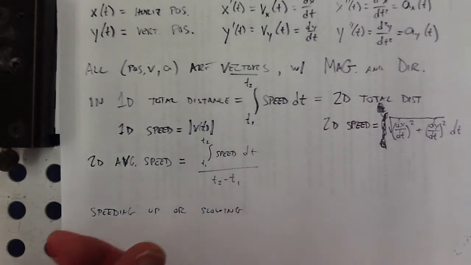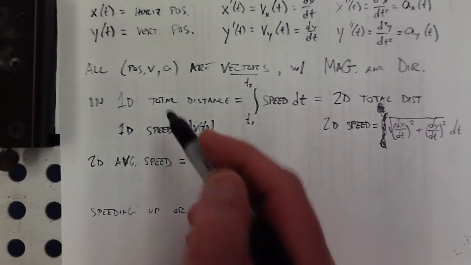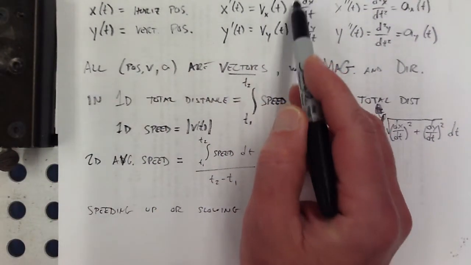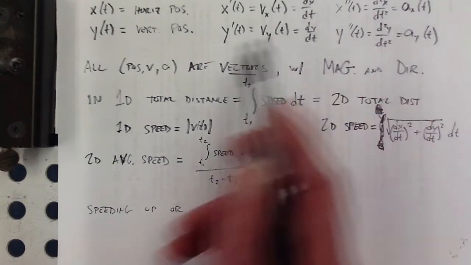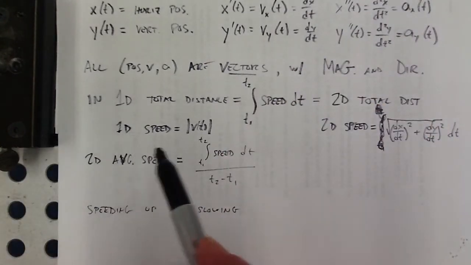That doesn't work in two dimensions, because what if in one dimension you have positive for your velocity and acceleration, and in the other dimension they disagree with each other?